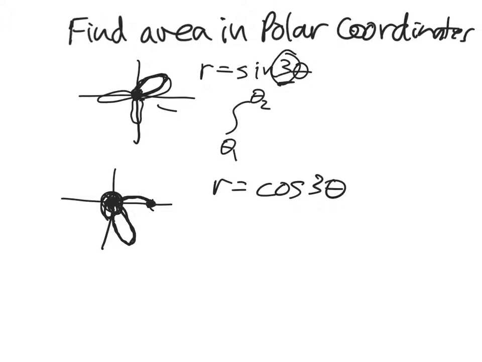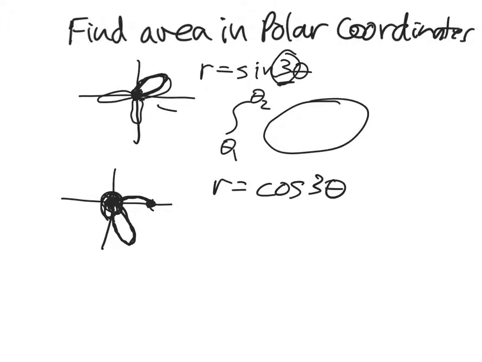As we also work with polar coordinates, what's our dA? Remember? How do you find it? Is it just r d theta, or the function times d theta?